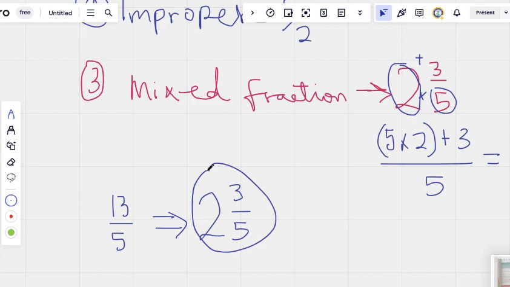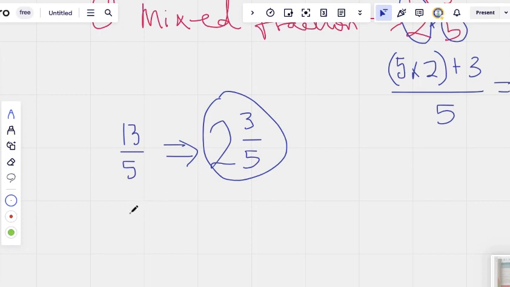Easy. If I give you another number, 27 over 5, for example, how many times can 5 go into 27? 5 times, because 5 times 5 is 25. So you write 5 as the whole number.